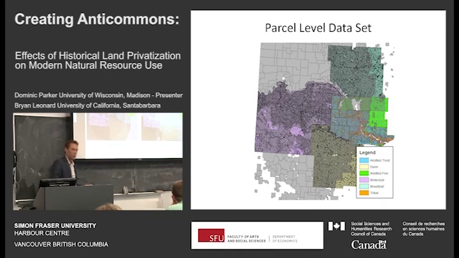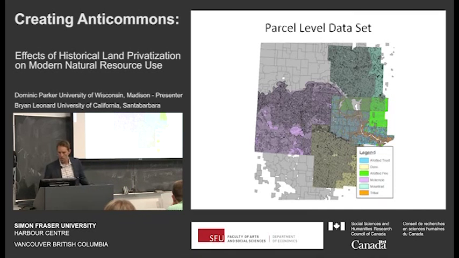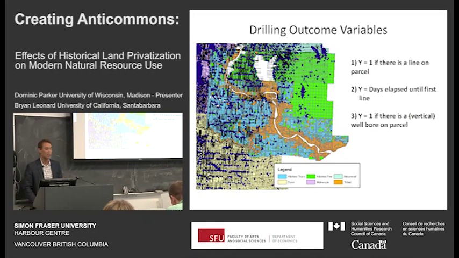We argue in the paper that once you condition on oil field fixed effects, these small areas where regulations concerning oil fields are homogeneous, we find no differences across tenure type in a measure of shale quality, which is thickness to depth ratio. We claim that there's pretty good evidence that shale quality is exogenous to tenure.